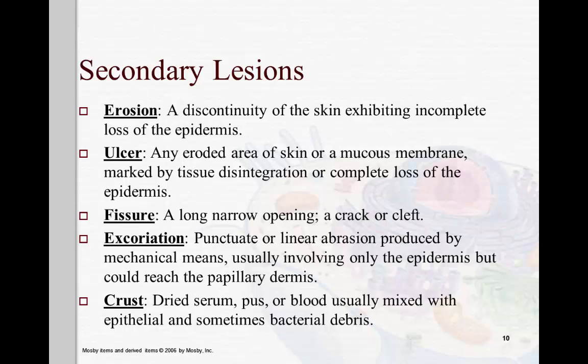So what is an erosion? Erosion is a discontinuity of the skin exhibiting incomplete loss of the epidermis. So if you're biking or running and you fall, that friction burn on your knees is an erosion. Ulcer is also a loss of the skin or mucous membrane, but has more tissue disintegration than an erosion.